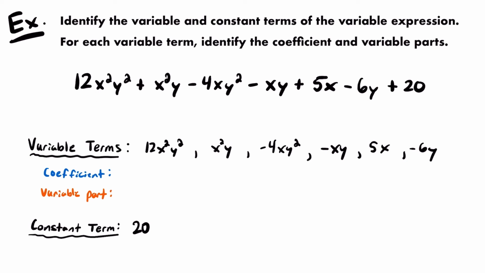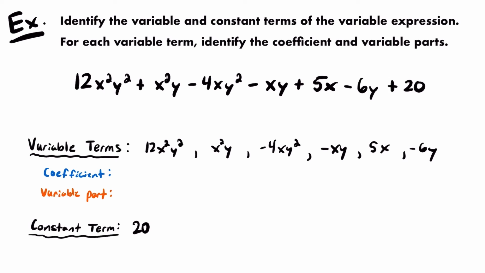Okay, and once again, be sure to include all those negative signs. There are a lot of them this time. There was one here, and one here. So make sure to include them with the term that goes after them, right? So this negative goes to this term. So we have negative 4x times y squared, and similarly, this negative goes to this term, so we have negative x times y, and this negative goes to this term, so we have negative 6y.